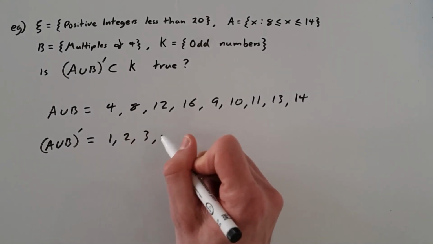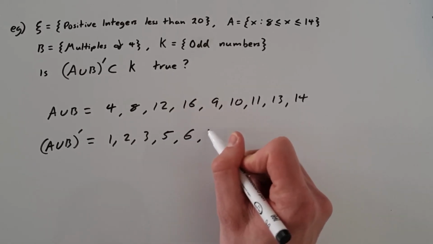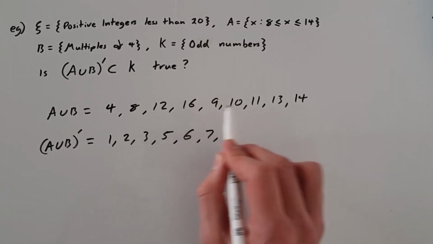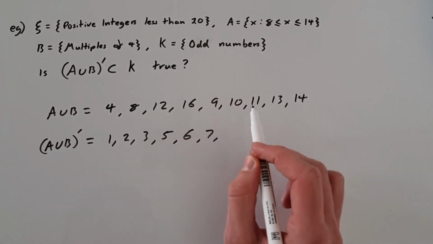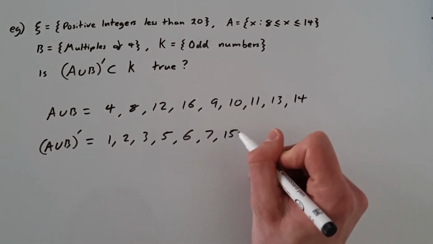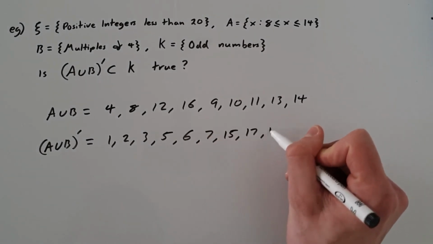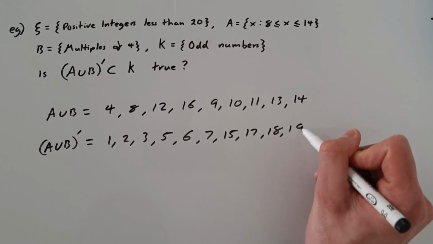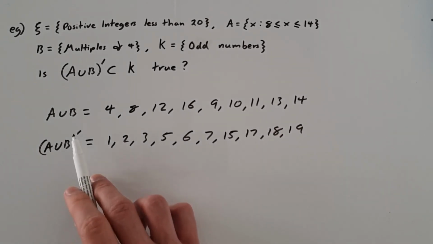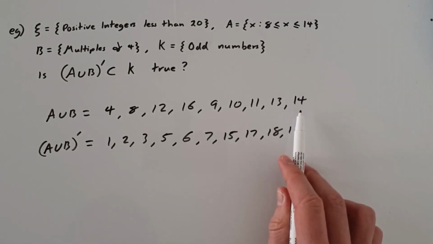We've got 4, so it'll be 5, 6, 7, 8 is here, 9, 10, 11, 12, 13 and 14 are all in this part, so they're not included in the complement. So what's left, we've got 15, 16 is in this one already, 17, 18 and 19. Okay, so that is the complement of the union of A and B. This is all the numbers that were not included in the union.